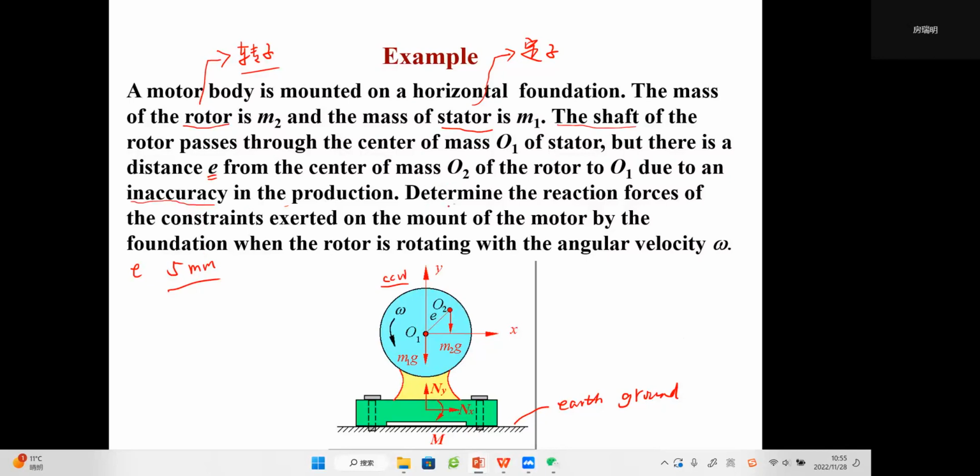So let us determine the reaction forces of the constraint exerted on the mount of the motor by the foundation when the rotor is rotating with the angular velocity omega, right? So I want to remind you guys, here we should find the reaction forces.